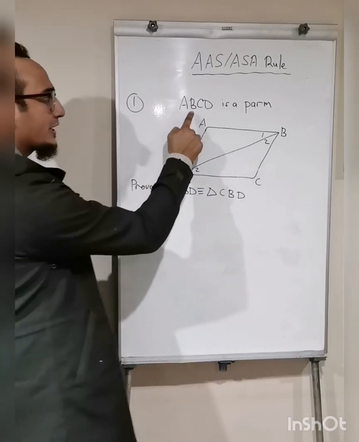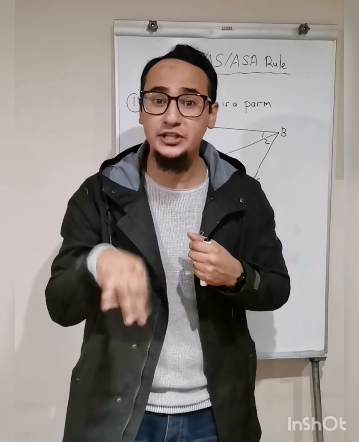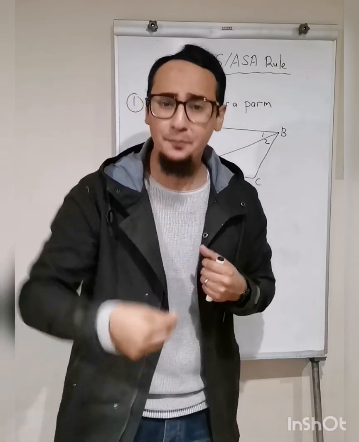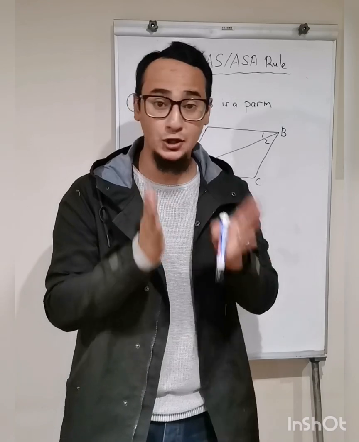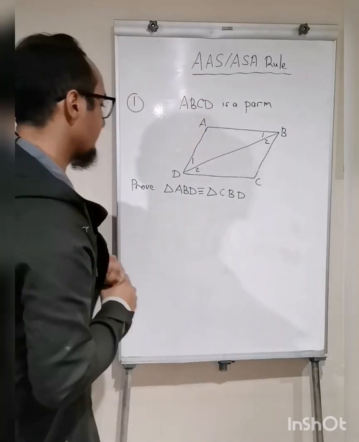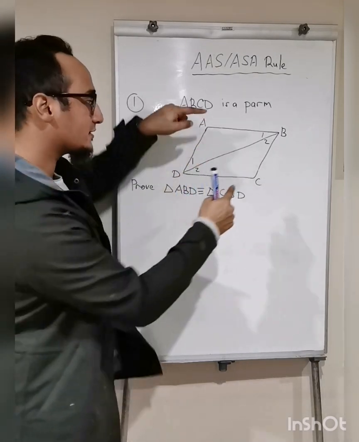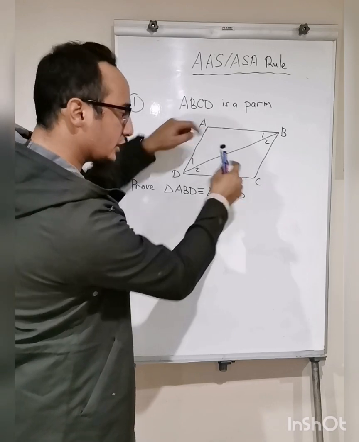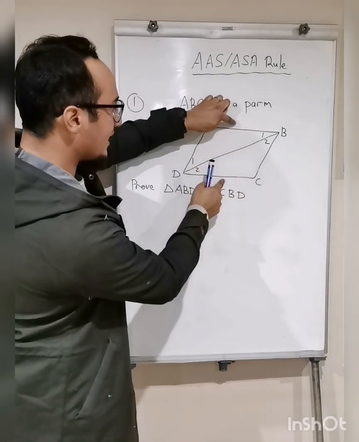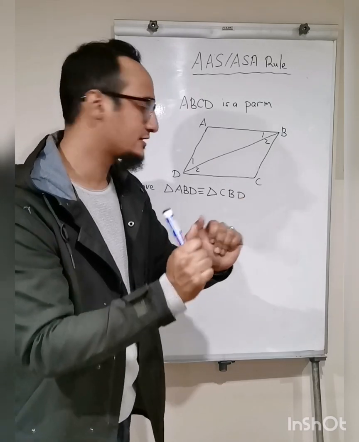Right, so it's a parallelogram. So the minute you see parallelogram in any question, make sure that the properties of a parallelogram are written down at the side, or you remember them. Okay, so the properties of a parallelogram are: opposite angles are equal to one another, opposite sides are equal as well as parallel. So it's going to be very easy, this diagram.